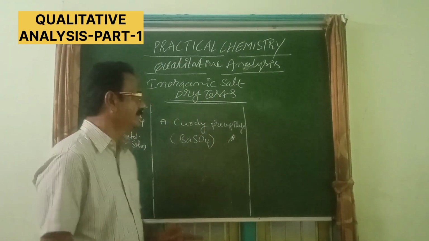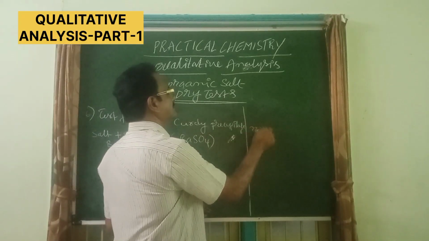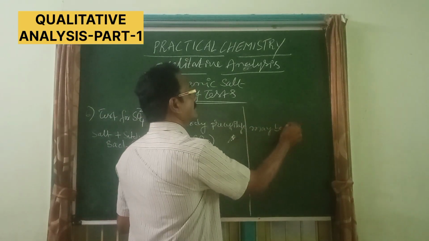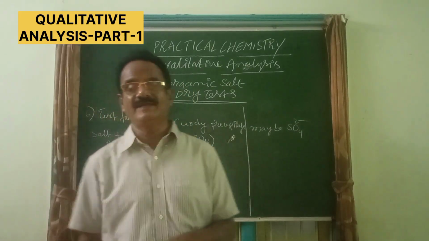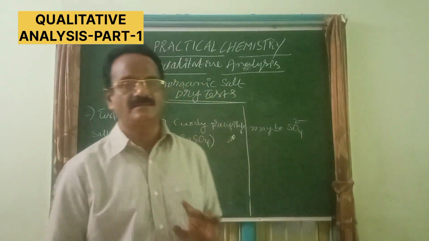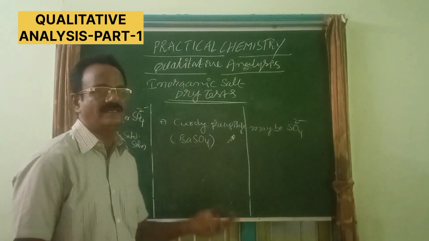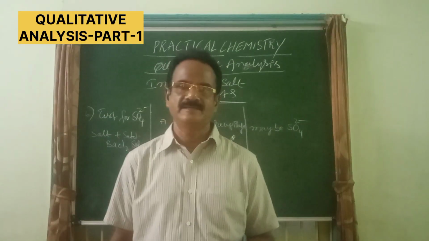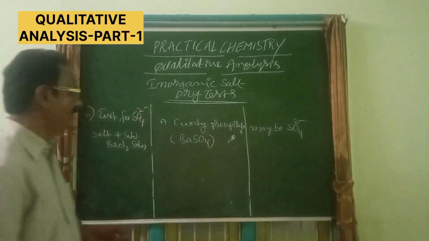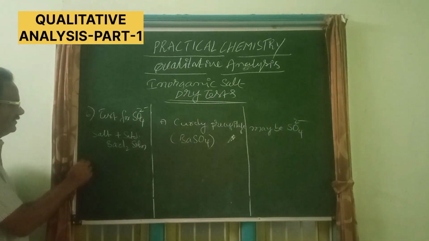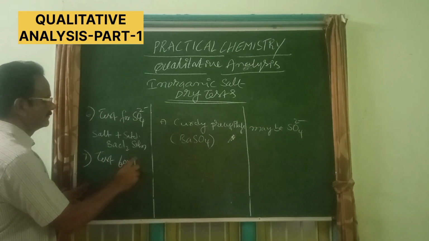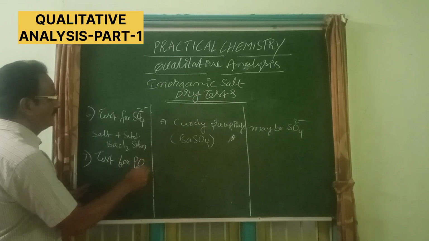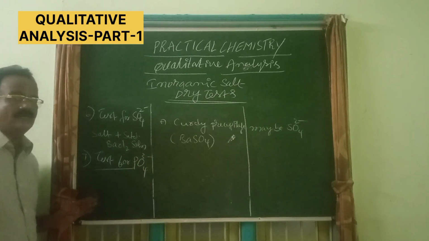If so, then maybe sulfate, maybe SO4 2 minus in the given inorganic salt. Is it clear? If there is no such precipitate, then sulfate is absent. Is it clear? Now let us go for another test for phosphate. This is most important test. Test for phosphate, PO4 3 minus.